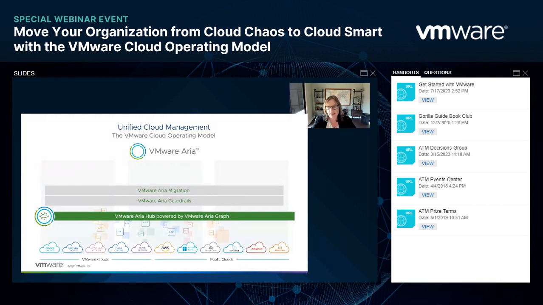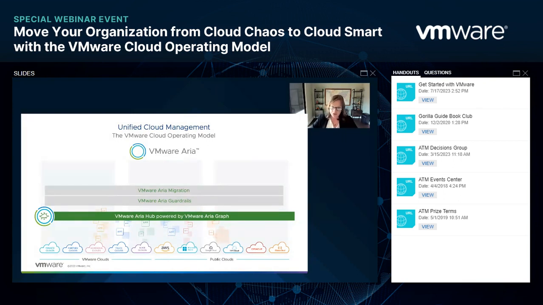That assessment is available today as a free assessment, using various underlying solutions that have been brought together through Aria Hub to map your resources into applications, to help assess what that footprint would look like in a VMware Cloud on AWS environment, and then to actually help you come up with a plan to migrate those workloads.